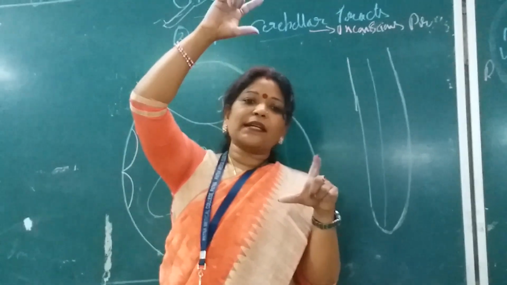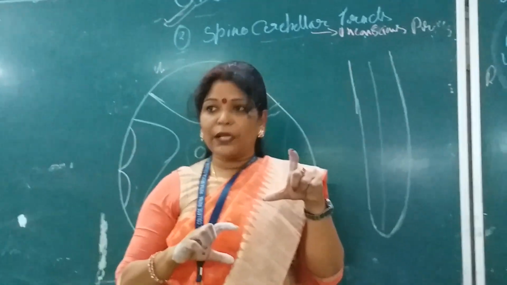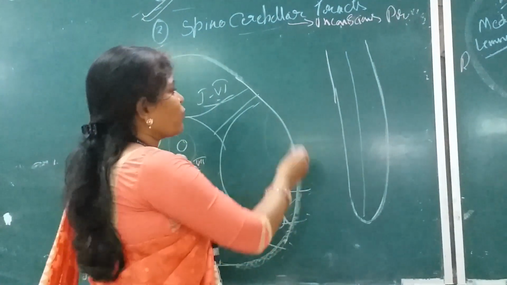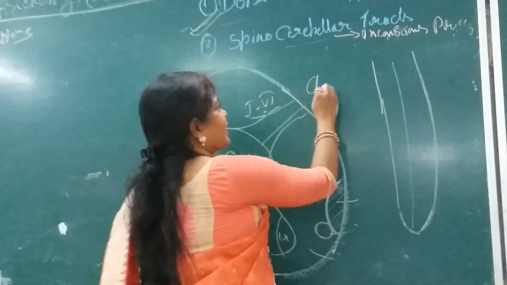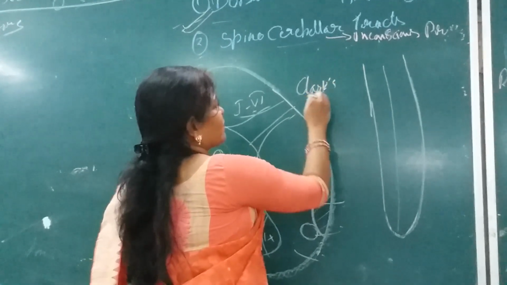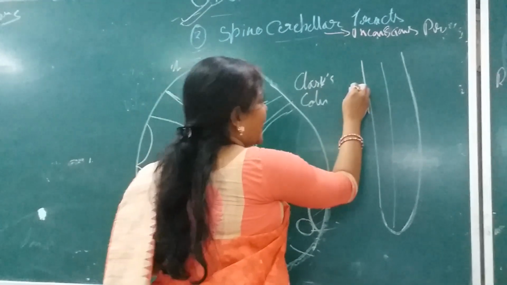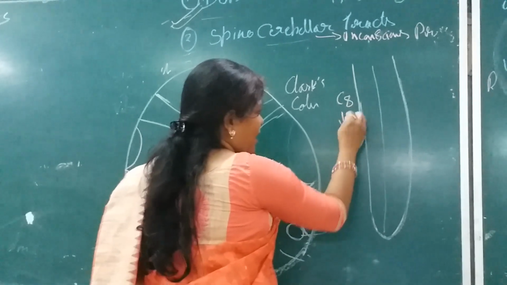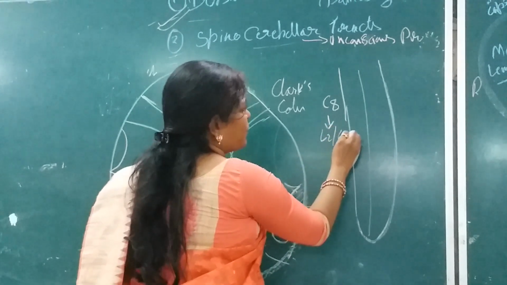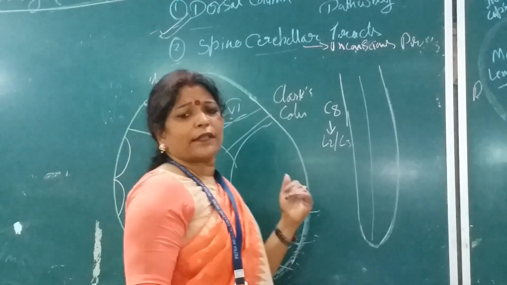It is not present above, it is not present below. What is the segment for the Clark's column cell? C8 to L2 or L3. In some books it is written L2, in some books L3.